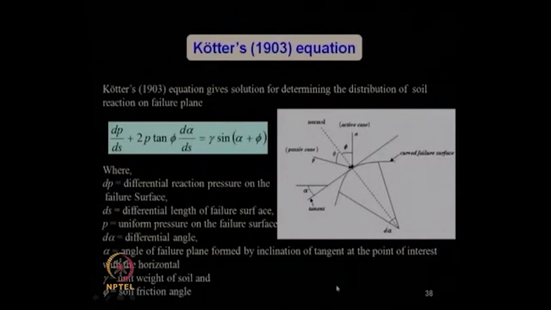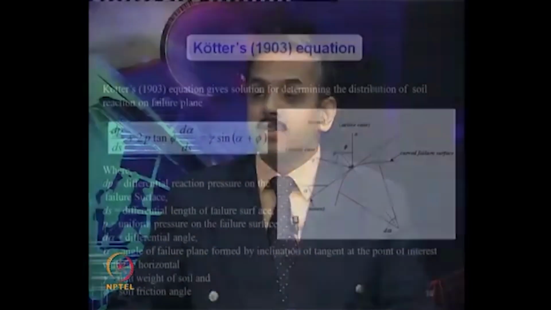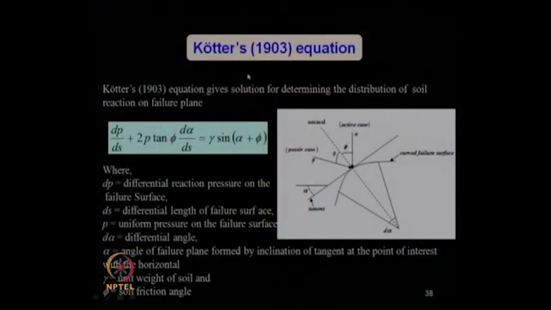Now, Dr. Sunil Rangari's PhD thesis used the basic Coulomb's equation, which was proposed in 1903. This mathematical expression for defining the distribution of reaction on any curvilinear failure surface is shown like this.